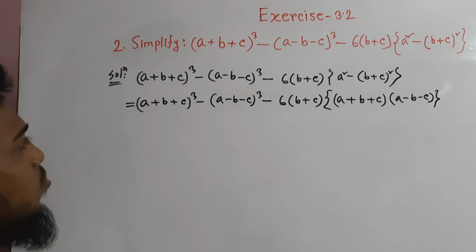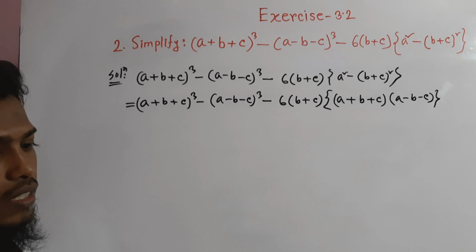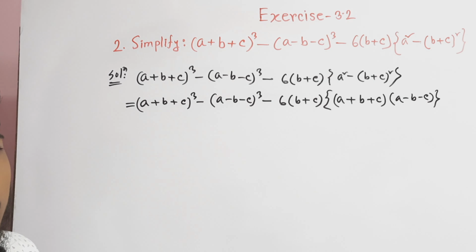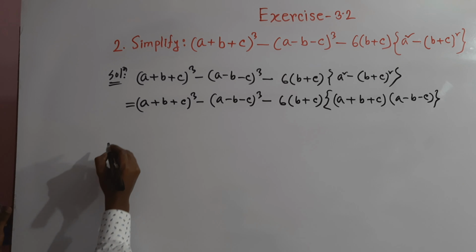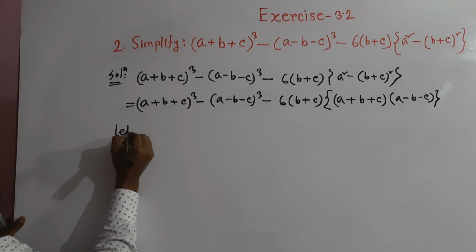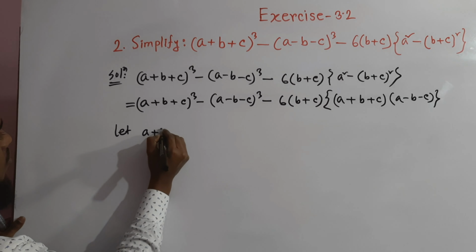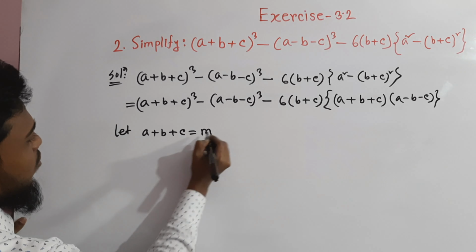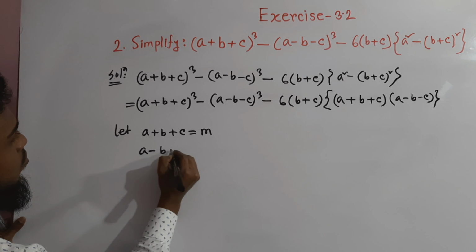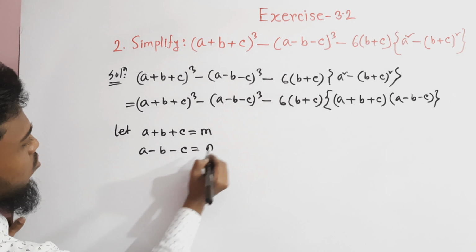Dear student, to simplify this expression, you have to take another variable. So let a plus b plus c equal to m, a minus b minus c equal to n.